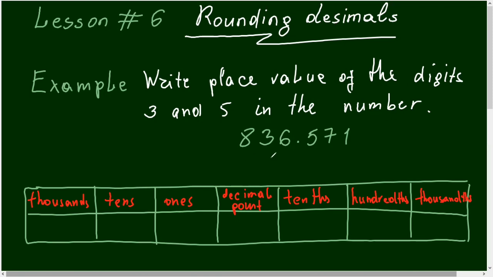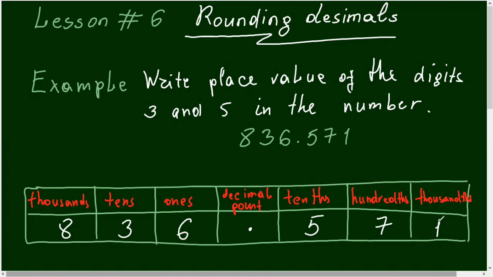So there is the decimal point. I will write here the decimal point, and in the ones place, I will write 6, and tens place 3, and thousands place 8. And after the decimal point comes the decimal number part. So I will write here 5, because tenths place, and hundredths place 7 and thousandths place 1.